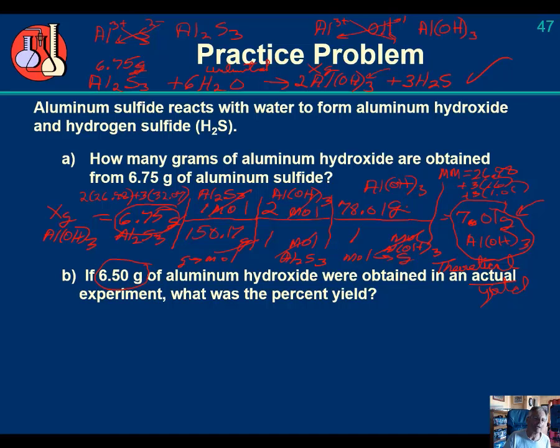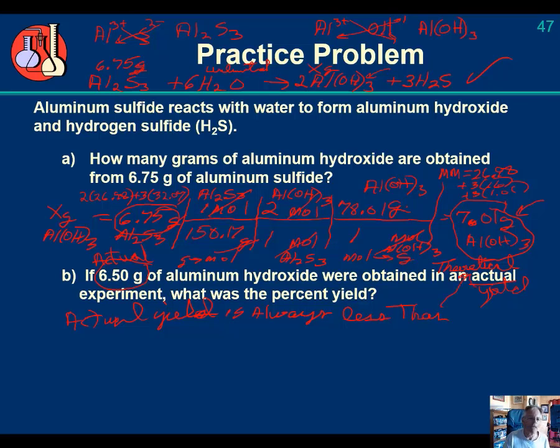This is the actual yield, which is always less. So the actual yield will always be less than the theoretical yield.